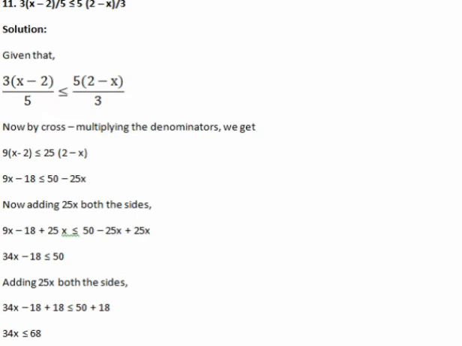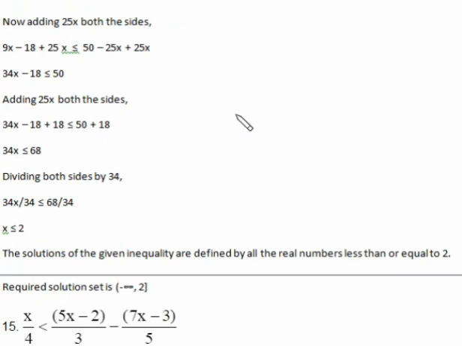We get the result 34x less than or equal to 68, and we divide both sides by 34, we get x less than or equal to 2. Just see this one: equal to means it's a closed interval, and strictly less than means it's an open interval. Its solution set is minus infinity to 2.